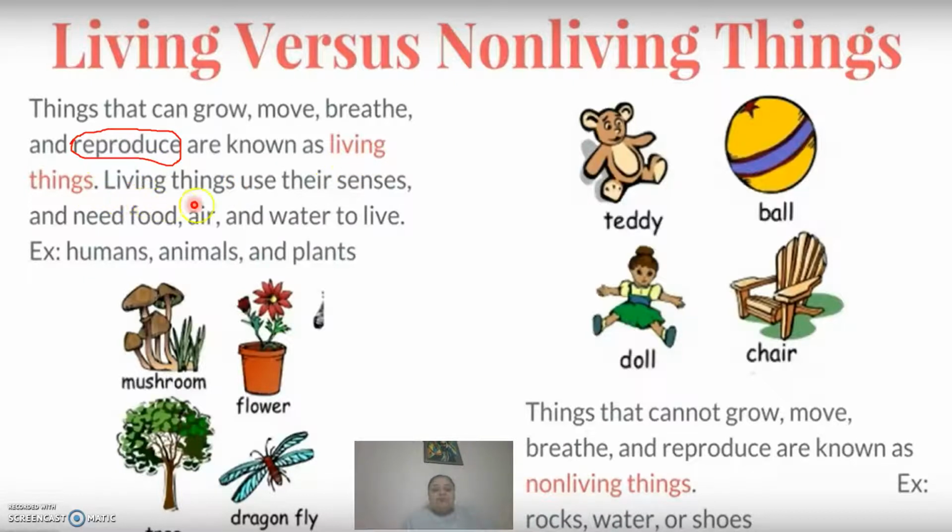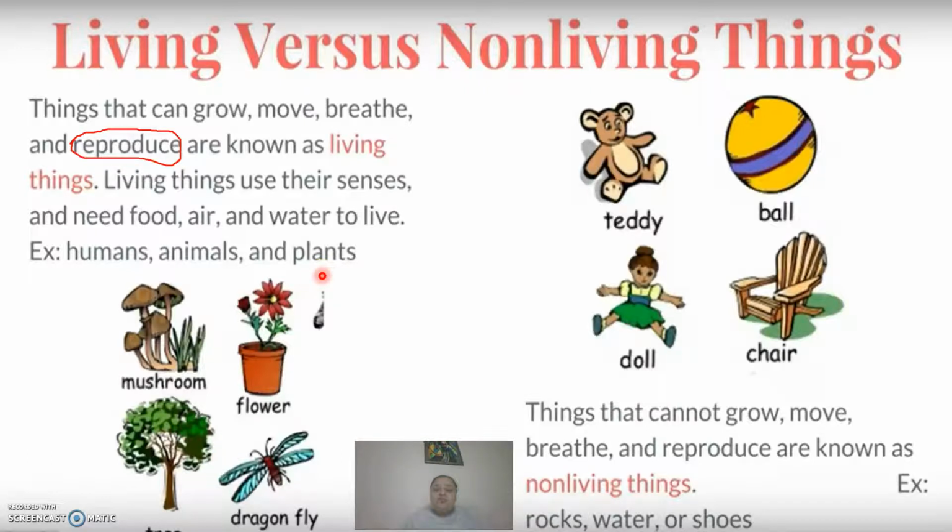Now, living things use their senses and need food, air, and water to live. Examples of living things are humans, animals, and plants. So all these three are living things.